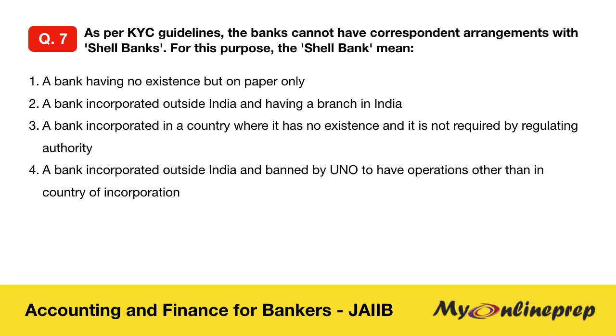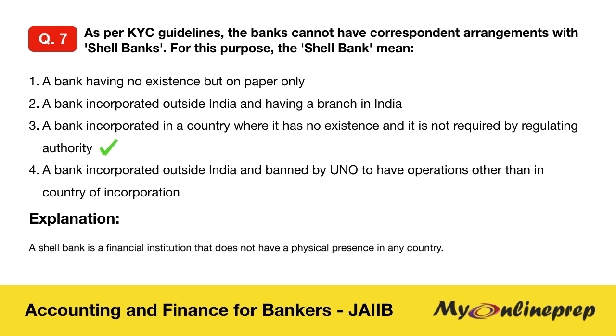And the fourth one is a bank incorporated outside India and banned by UNO to have operation other than in country of incorporation. So the answer is a bank incorporated in a country where it has no existence and it is not required by regulating authority. Why? Because a shell bank is a financial institute that does not have any physical presence in any country. That is why option 3 is correct one.